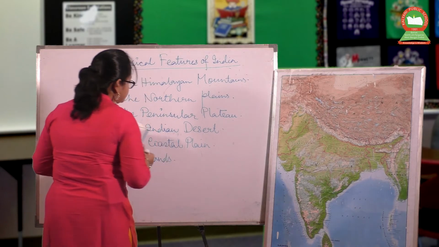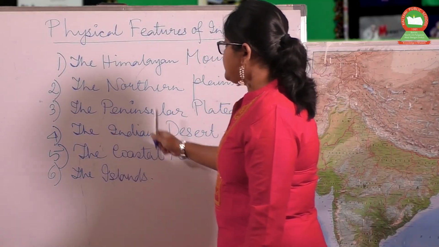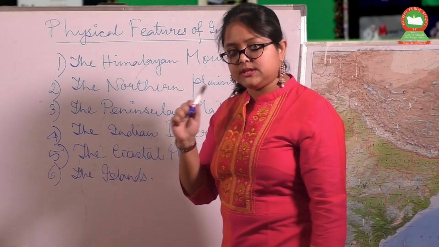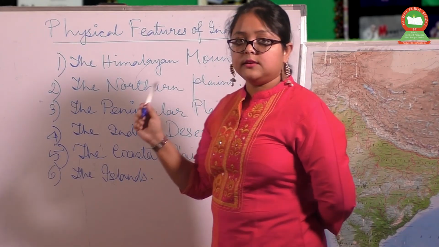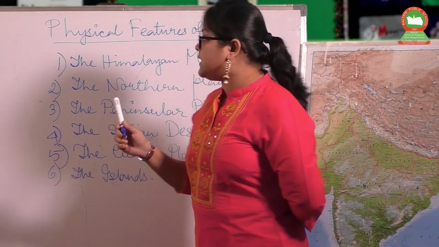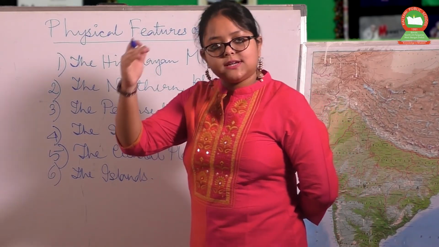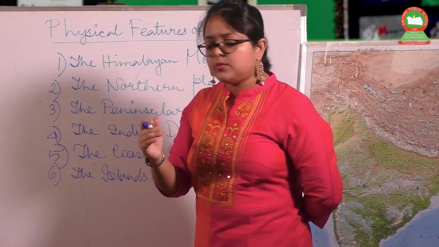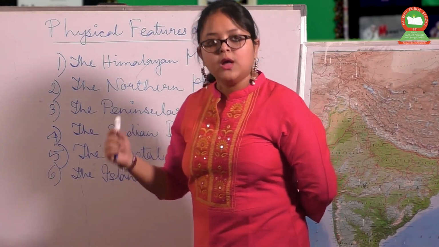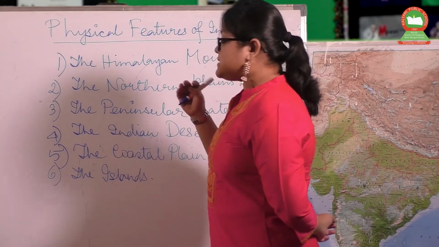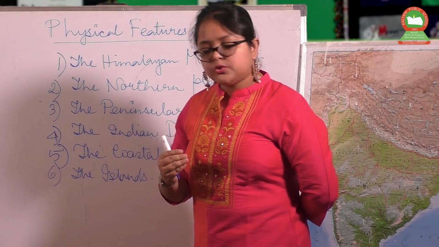So dear students, you have to remember these 6 physical divisions. I am repeating again. The Himalayan mountain is in the northern portion of India. The northern plains are just below the northern mountains. The third one is the peninsular plateau, which is in the central portion, with a few parts in the southern portion.